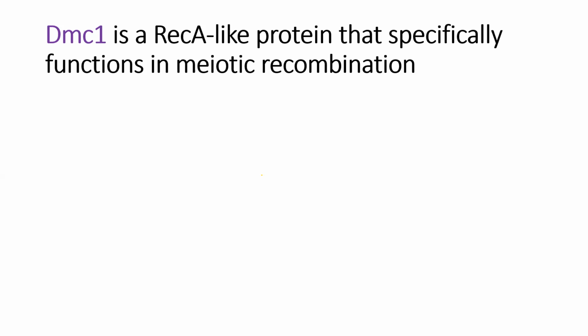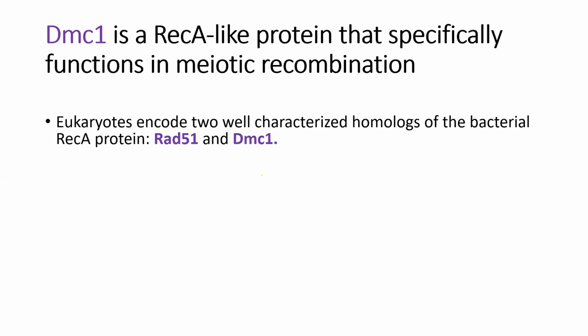The strand invasion in bacteria E. coli is done by RecA, which is loaded by RecBCD. Here, the strand invasion is done by DMC1. It's a RecA-like protein that specifically functions in meiotic recombination.